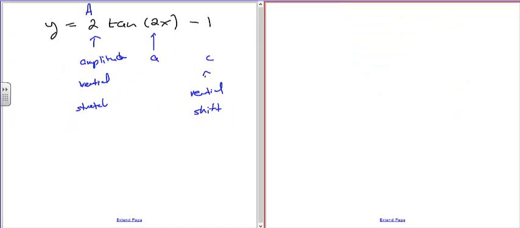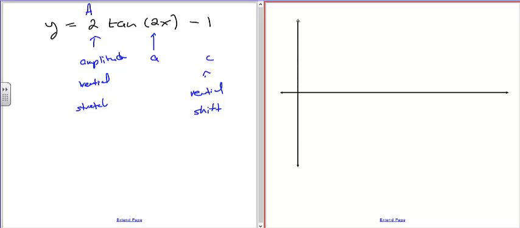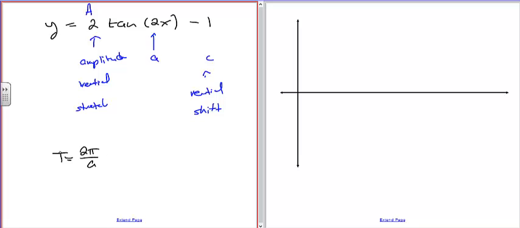So again, what we'll do is we'll do them to the right of the origin. In this case, we've been alternating between the 2 options. So we want to go 2 periods, so we need to figure out what the period is. The period is equal to 2 pi divided by a. In our case, a was 2, so we have 2 pi divided by 2, which is pi.